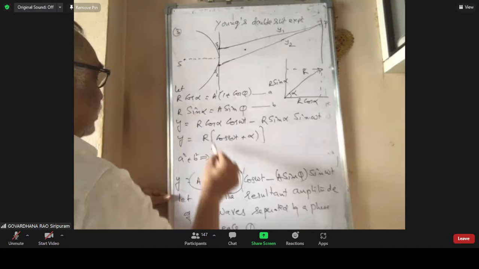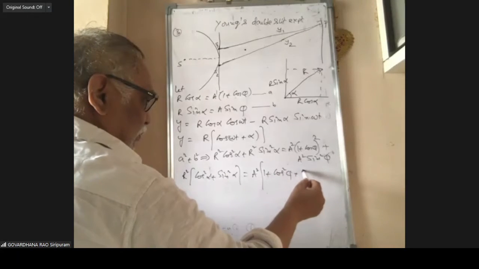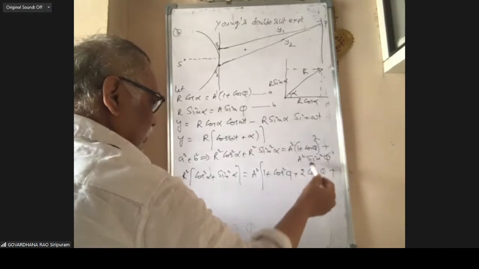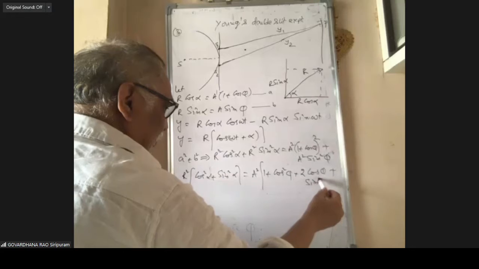So what you will get here: R square cos square alpha plus, and here A square is common, 1 plus cos square phi plus 2 cos phi plus sin square phi.